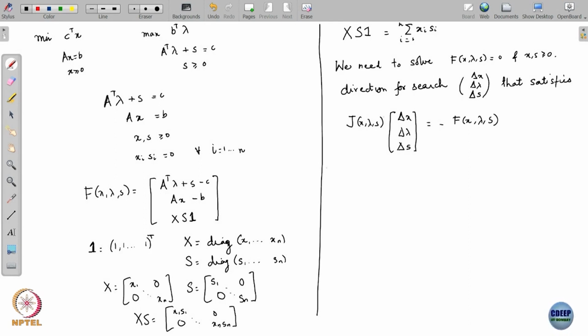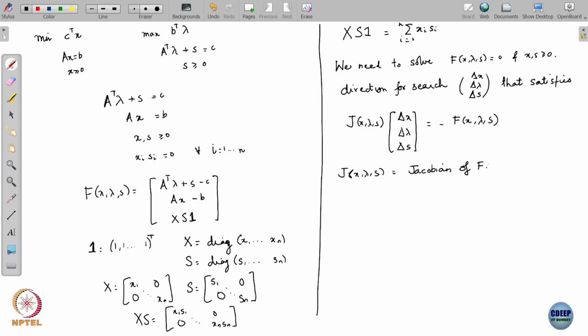J of x, lambda, s is simply the Jacobian of f. All right.